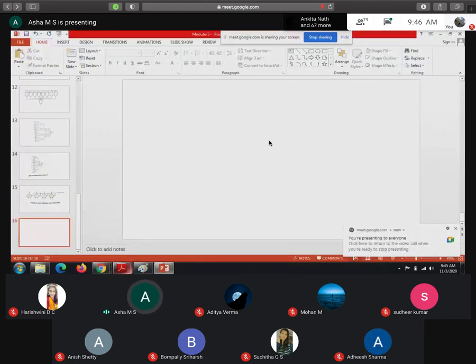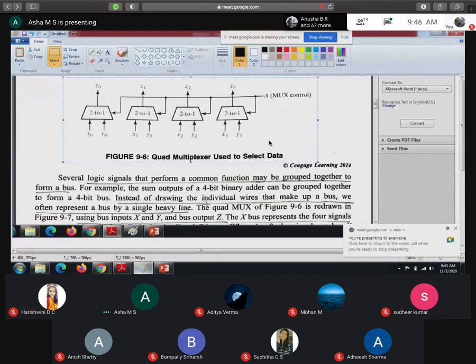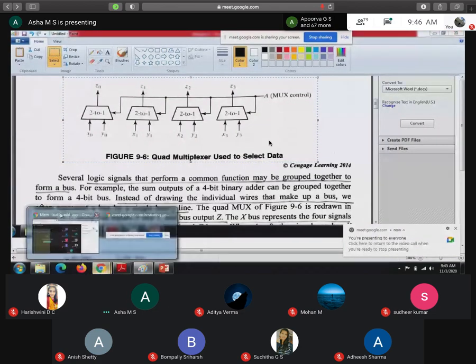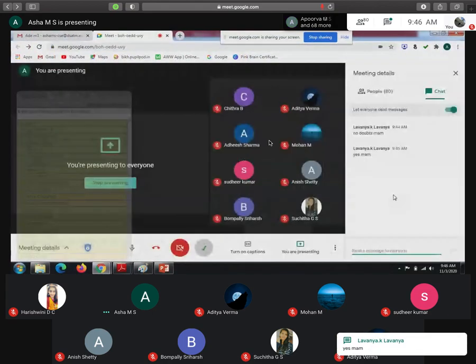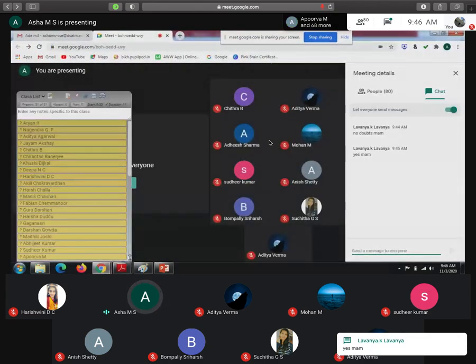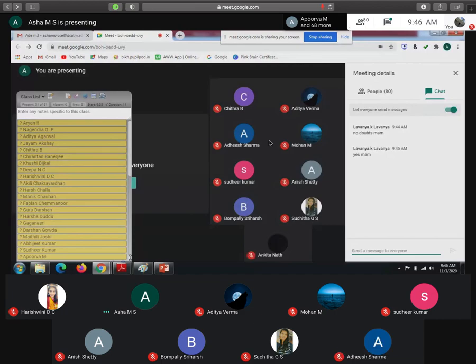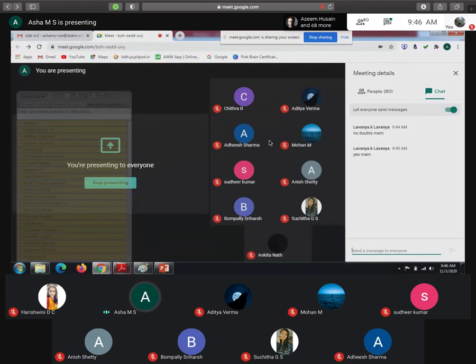Is this circuit over yesterday? This one. Okay, so this is the circuit to select one of the 4-bit data. Correct, right? This is one of the applications of the multiplexer.